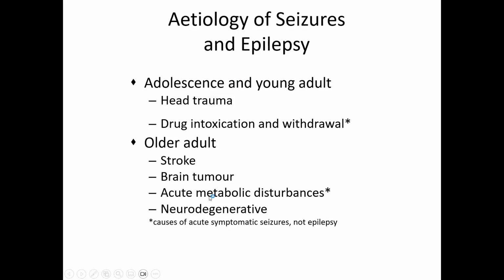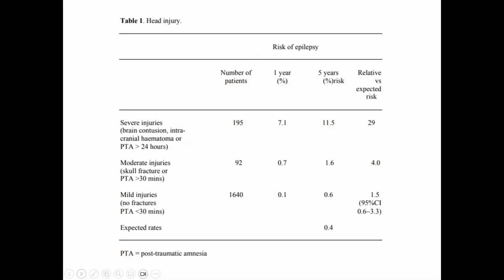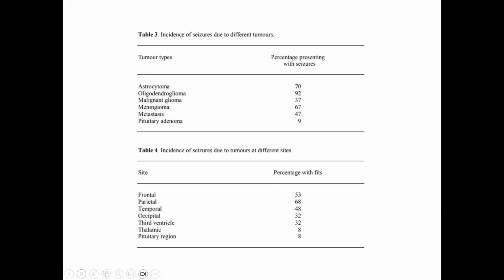In an older patient, think about strokes. Okay, like in that example I gave you, brain tumors. So you can ask about features of tumor like early morning headache, vomiting, and all that. Okay, metabolic disturbances, electrolyte abnormalities, hypoglycemia, and neurodegenerative causes. Okay, so possible etiologies.